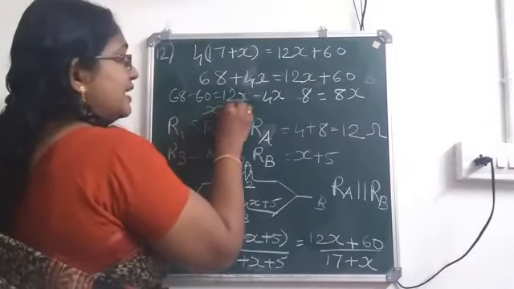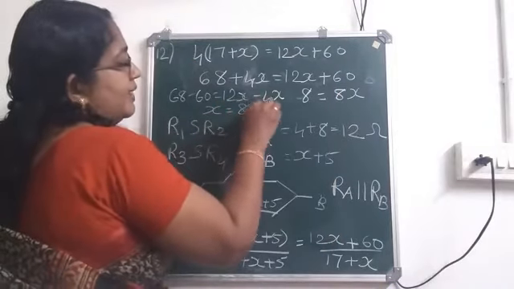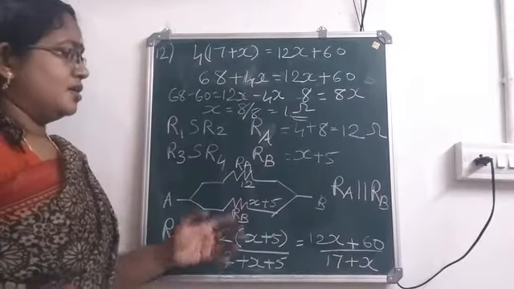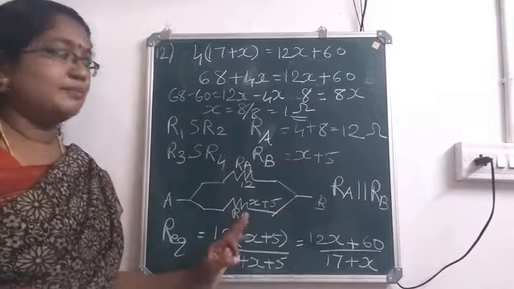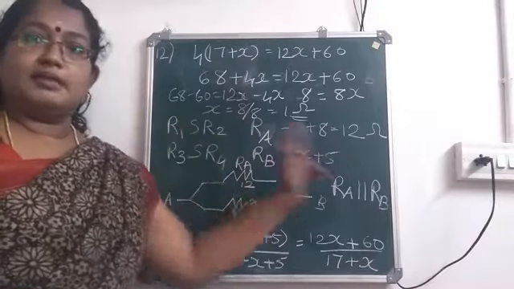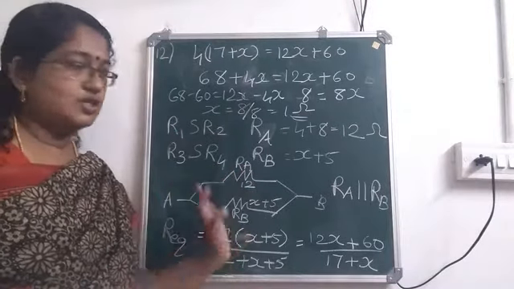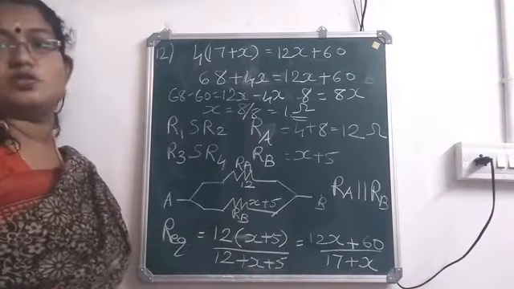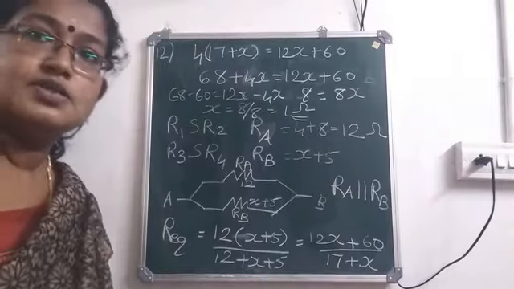That means X is equal to 8 by 8, that is equal to 1 ohm. Okay. So what do you have to remember here? First solve the series connection. After that solve the parallel connection. Then just cross multiply. Okay. So is it clear?